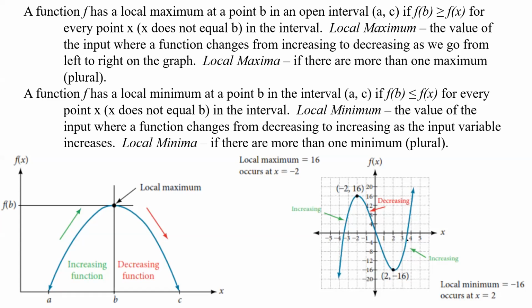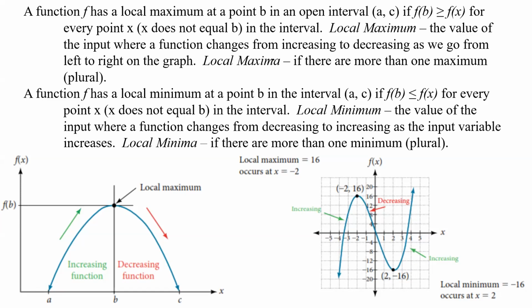So the value at b is going to be less than the f of x values around it, which are higher. And so the local minimum is the point where it's changing from a decreasing function, decreasing here, switching over to an increasing function. So that's going to be called our local minimum, okay?